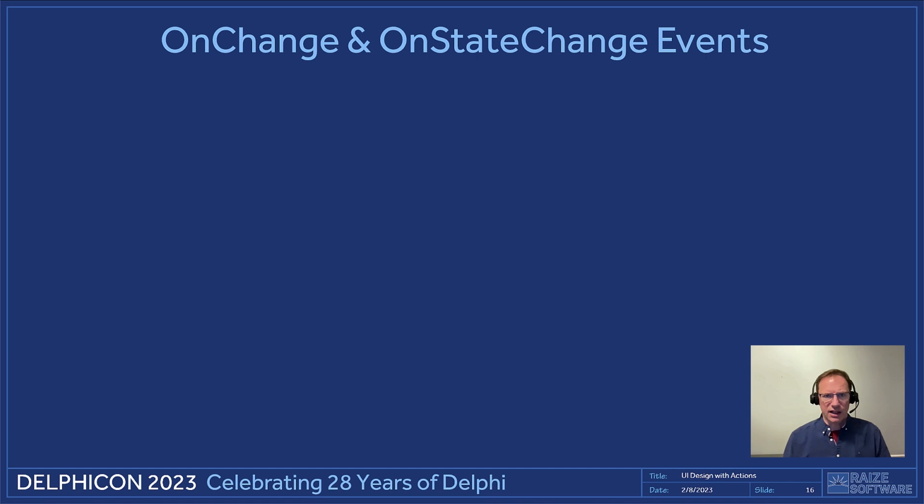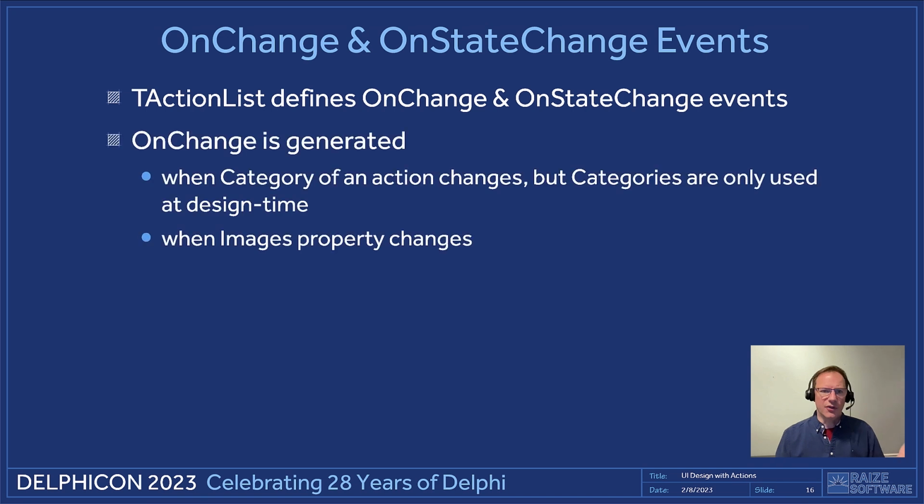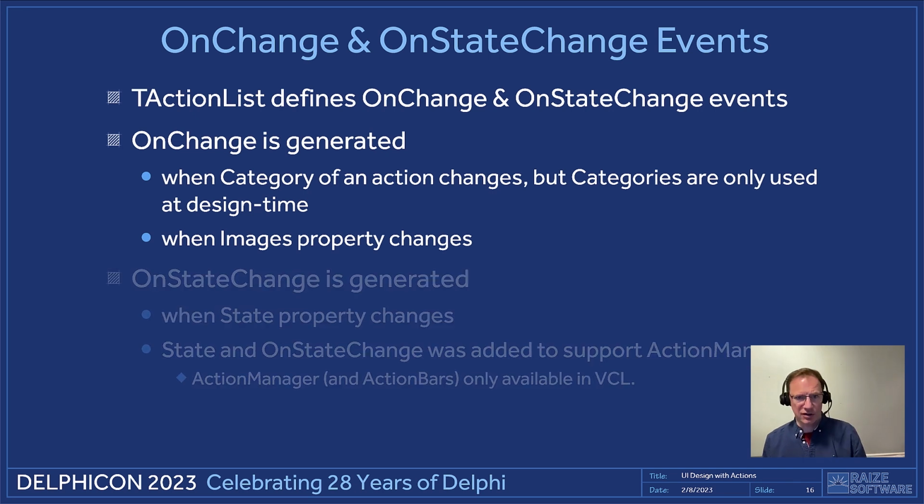On state change events, these are interesting. There are two other events at the action list level. They're odd, because the on change event is generated when a category of an action changes, but categories are only used at design time, so it's really not valuable. It's generated when the images property changes as well, which can happen at runtime, but I'm not sure what you would end up doing with that, but it's there should you need it.